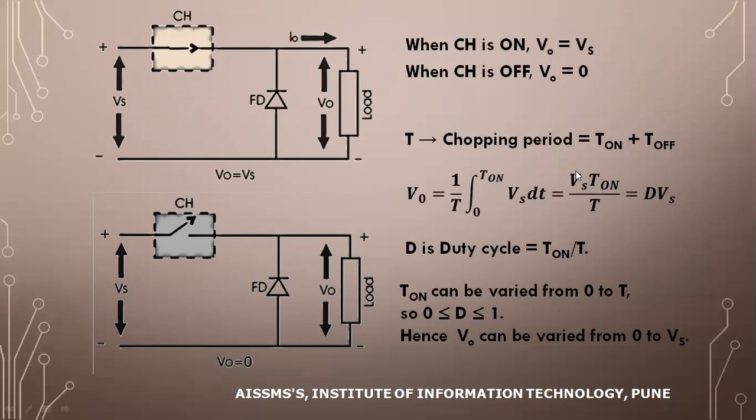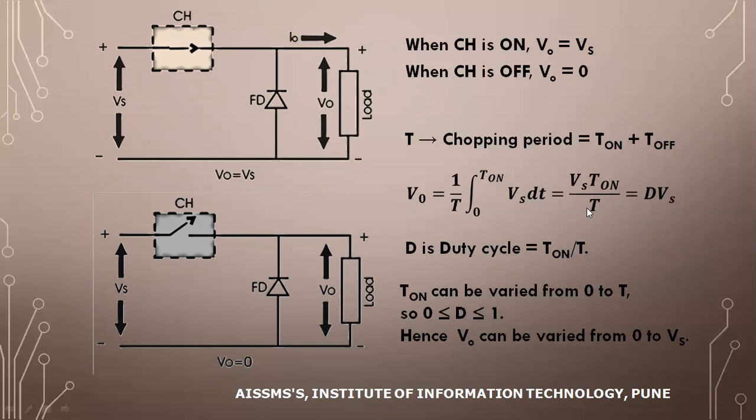Now in this equation, T on upon T is indicating the duty cycle of a chopper. So it is specified as D. So we are getting the output voltage equation V0 as D into Vs, where D is the duty cycle of a chopper and it is defined as the ratio of on time of a chopper to the total chopping period.